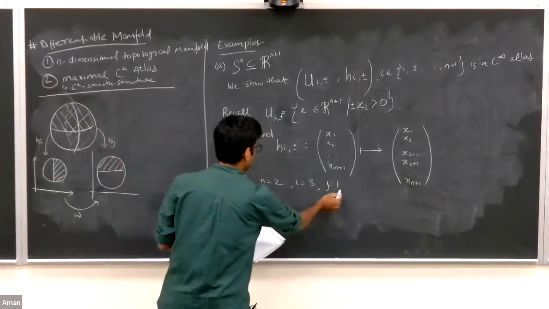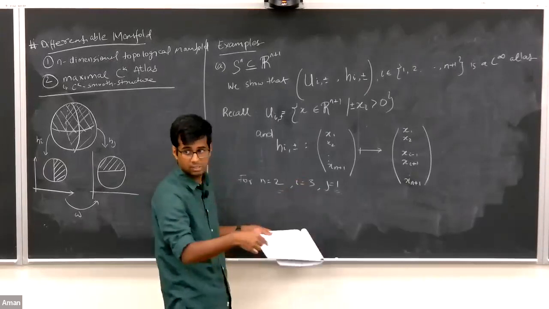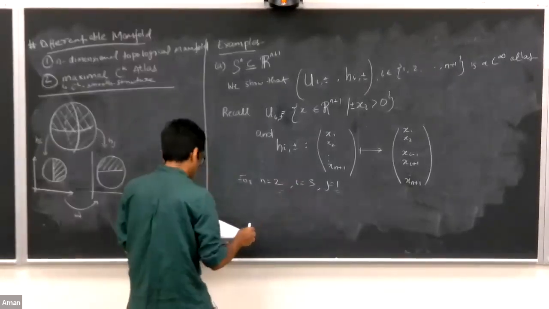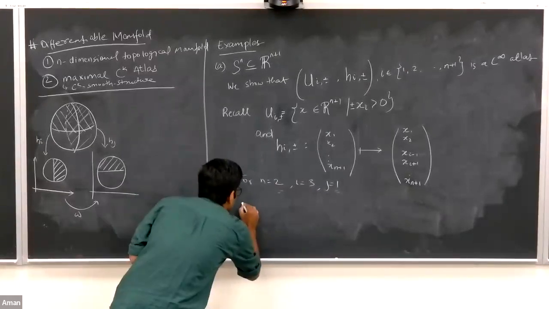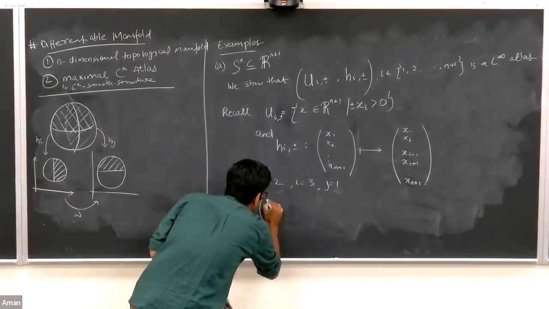We're setting j equal to 1 and n equal to 2 arbitrarily, because this generalizes for everything. You can change these indexes and it generalizes. So here you'll see that x hat in that plane has only two coordinates.